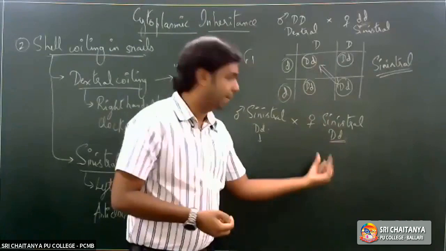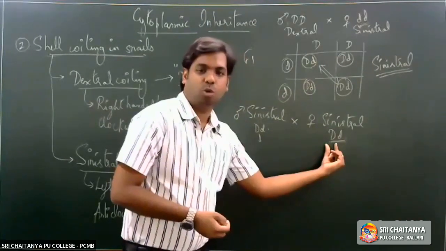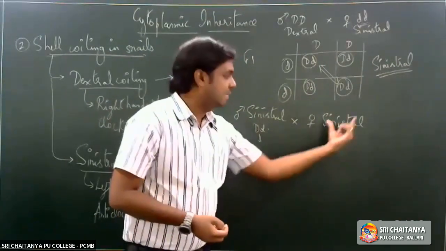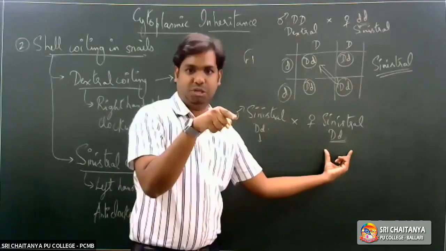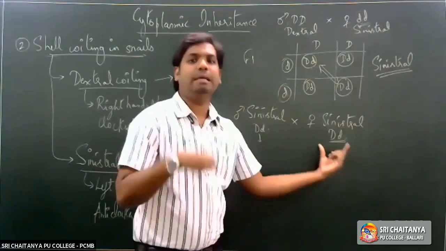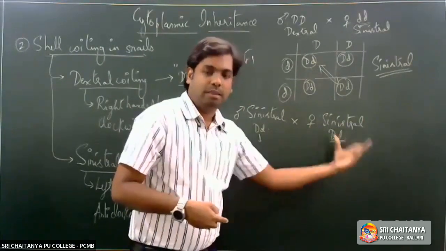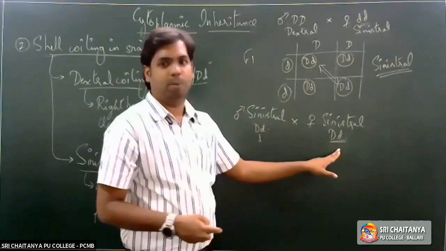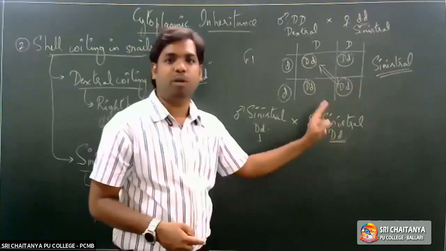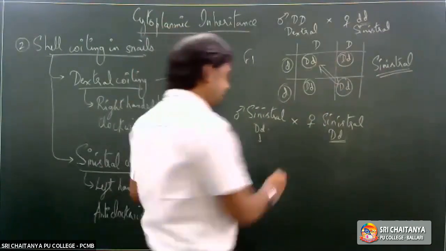Why is it yes? Because there is a dominant allele, right? So don't get confused here. A sinistral female, even though the coiling was sinistral, during her lifetime will start producing the protein. Since this female produces the protein, the same protein will be passed on into the offspring. So let us see with that.